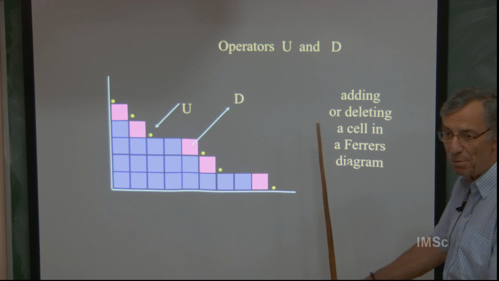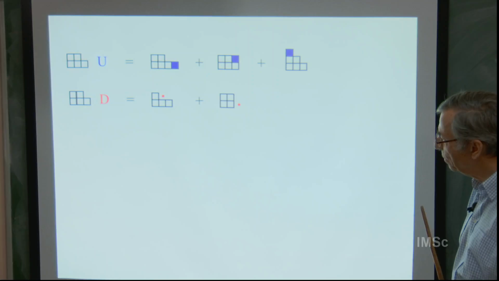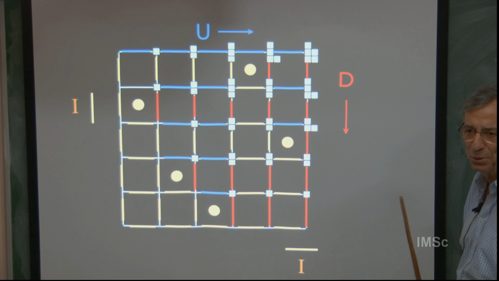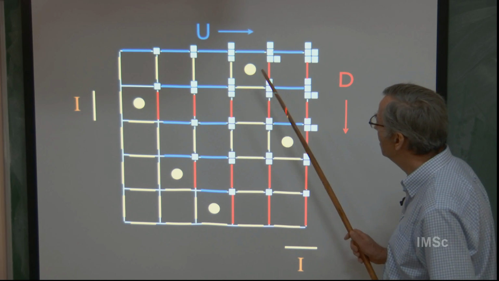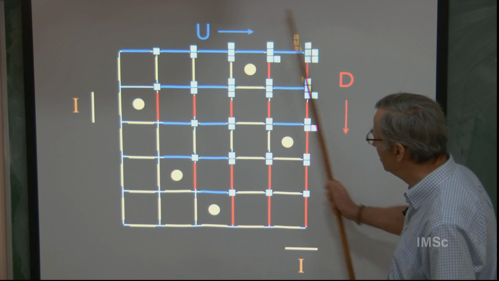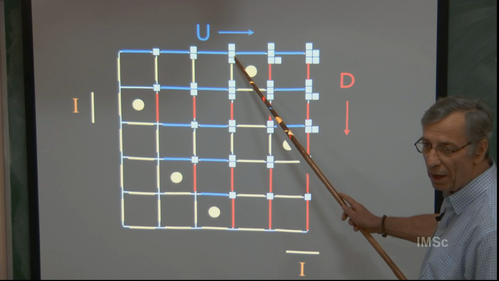Now, how to go from this to local rule is the following. I just give the rough intuitive idea. It's really complicated to formalize all this. In each of the squares, this is the diagram obtained from the local rule, with this operator U, adding a new cell.